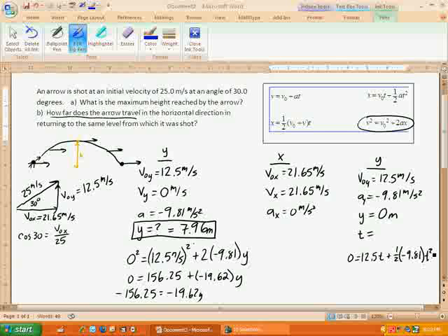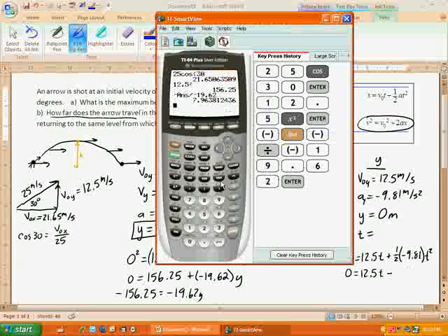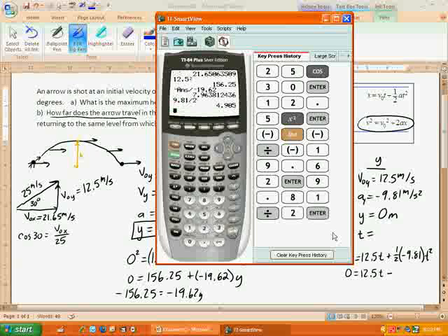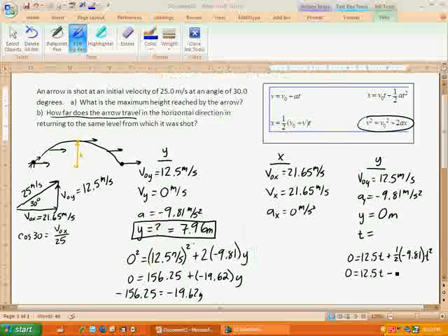Okay, so I'll go ahead and multiply those. So I'll have 0 equals 12.5t minus, and then half of that. So I'm going to go 9.81 divided by 2, which is 4.905 t squared.